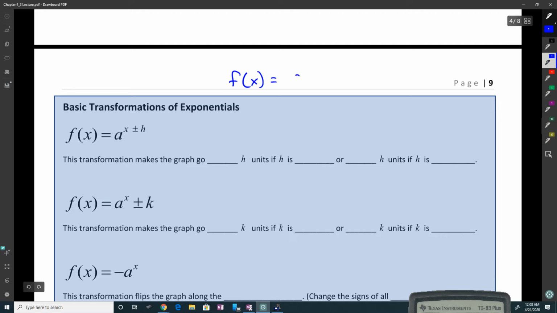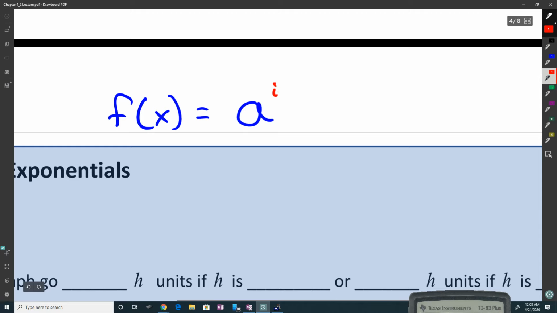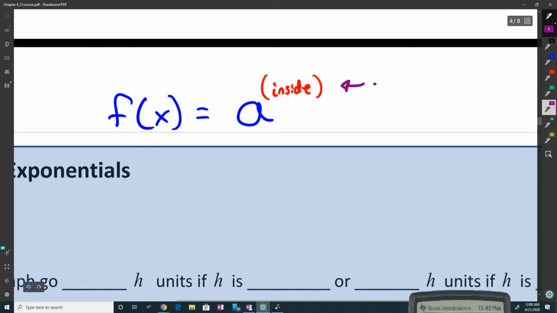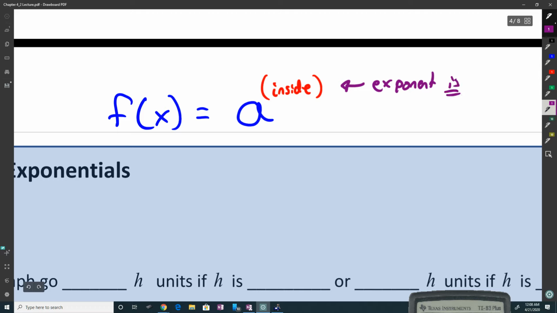we have the exponent, which is the inside. When we did transformations back in exam 1, remember there was stuff that affects the inside and stuff that affects the outside.